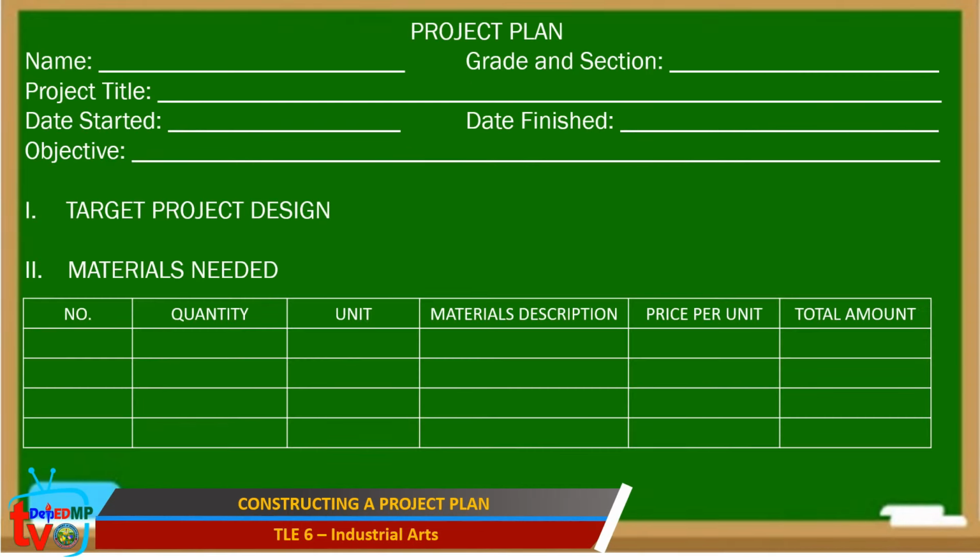This template is also found in your module. So write your name, grade and section, project title, date started, date finished, and the objective of your project. After that, illustrate your target project design. Then, enumerate the materials needed.